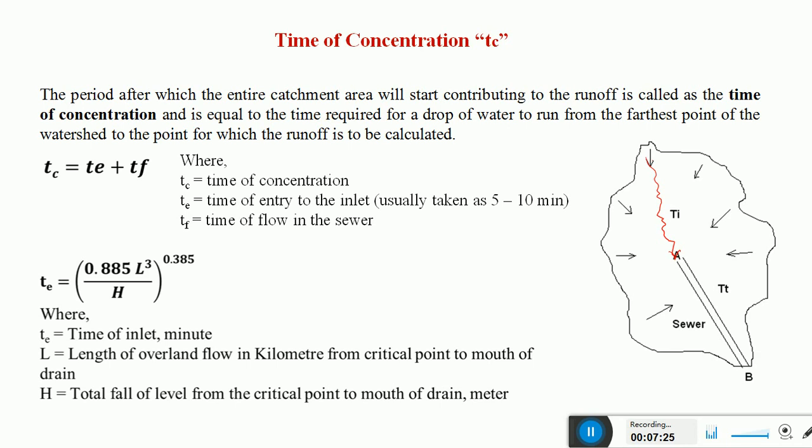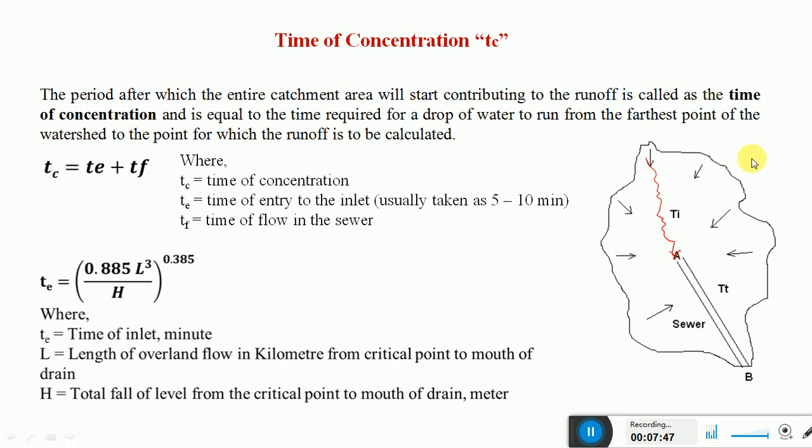The time of concentration is given by time of entry plus time of flow. The time of entry is obtained by 0.885 L cubed divided by H, whole to the power of 0.385, where TE is the time of inlet in minutes, and L is the length of overland flow in kilometers from the critical point to the mouth of the drain.